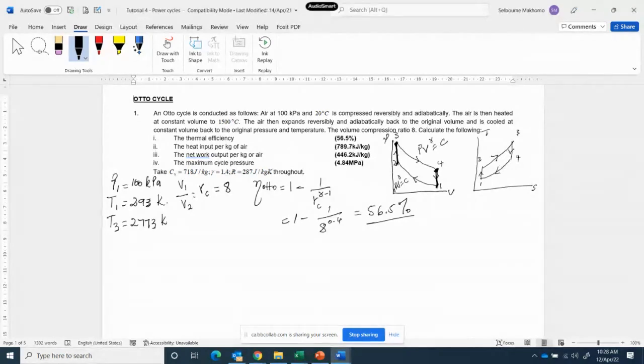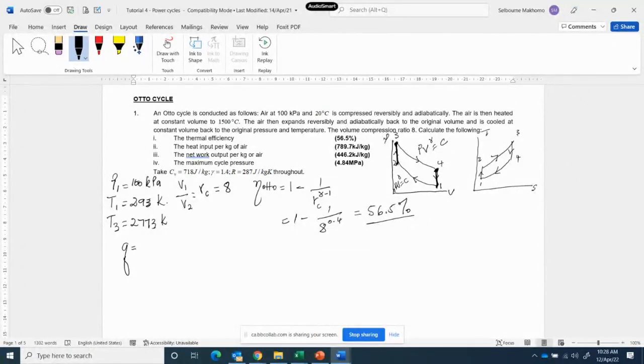The second one, the heat input. Where does heat input take place? Between 2 and 3. So we say Q in. It says per kg of air. In other words, mass is equal to 1.